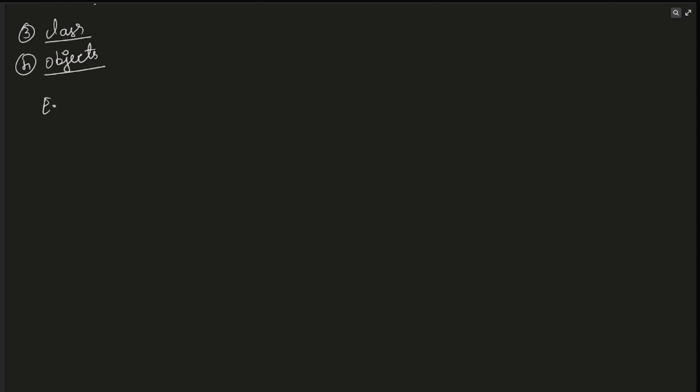An example could be, let's say we have a class Student and an object Maddie, who is one of the students of class Student. Each object can have its own behavior and its own properties.